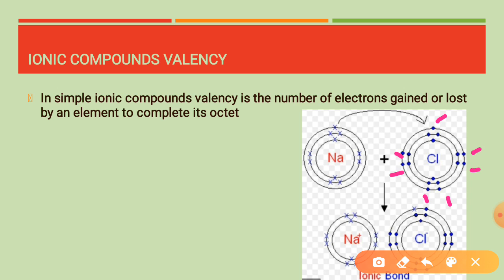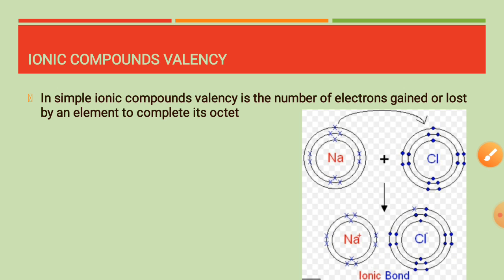I am talking about the outermost, because valence means outermost shell. We will not talk about the inner system, only the outer one. Now it has to gain 1 electron, so sodium will donate that electron, as represented here by the X for sodium, which is donated, given or lost, and chlorine is receiving that electron.